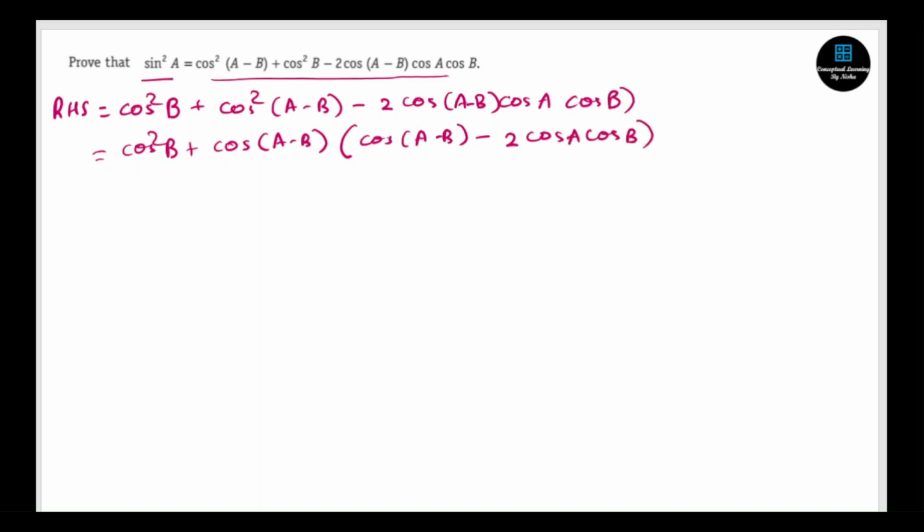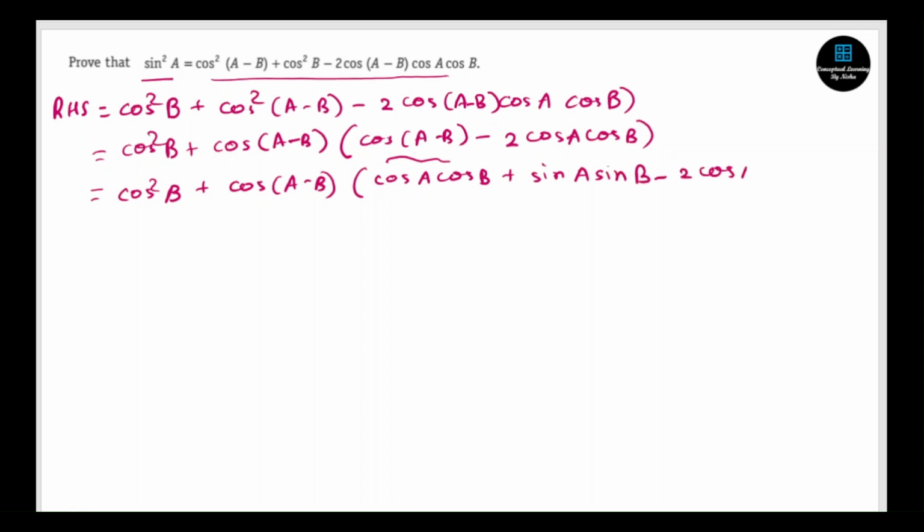Now I apply the formula of cos A minus B for this. Okay, so what I'll get? Cos square B plus cos A minus B into, now I can write this as cos A cos B plus sin A sin B minus 2 cos A cos B. Correct?